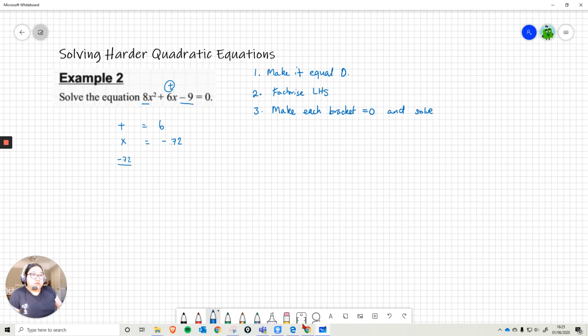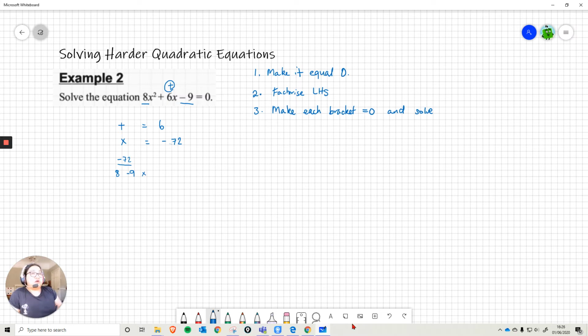Okay, so if we think about 72, we can have 8 and 9. They're the most obvious because we've just multiplied them 2 together. But no matter whether we have a minus 8, if I do minus 8, add 9, that will give me 1. Even if I did 8 and minus 9, it'll give me minus 1. So we know that factor pair is not going to work.